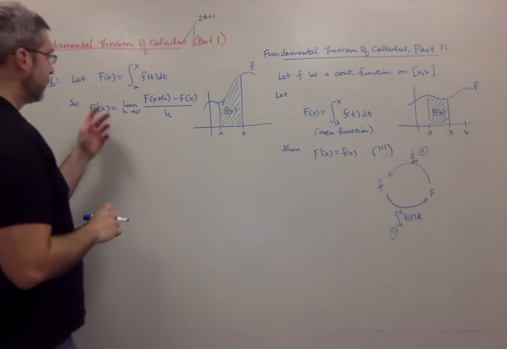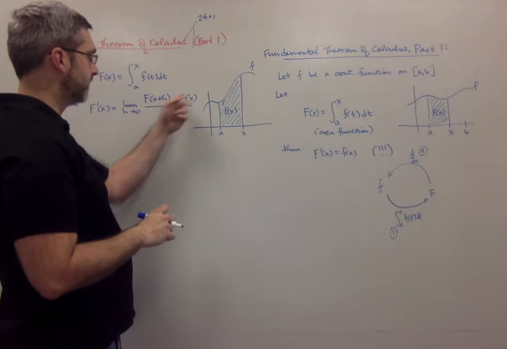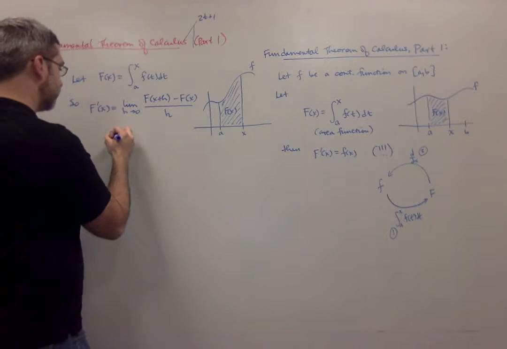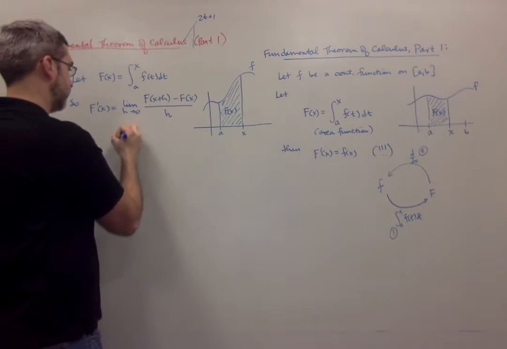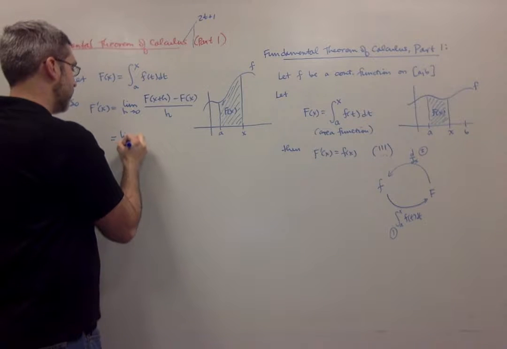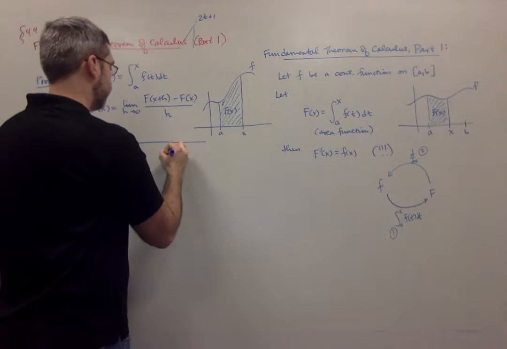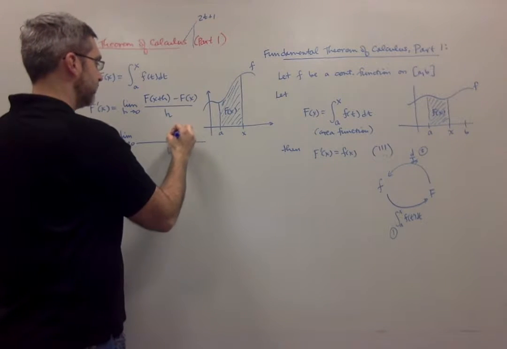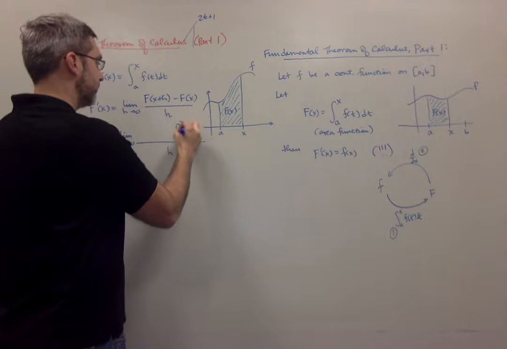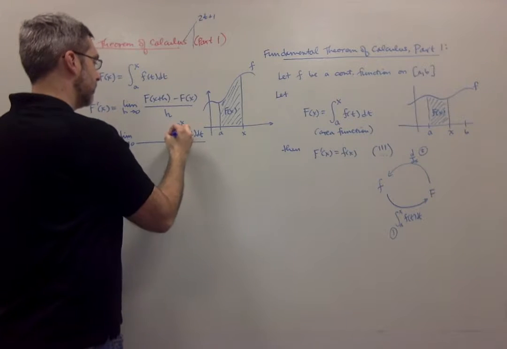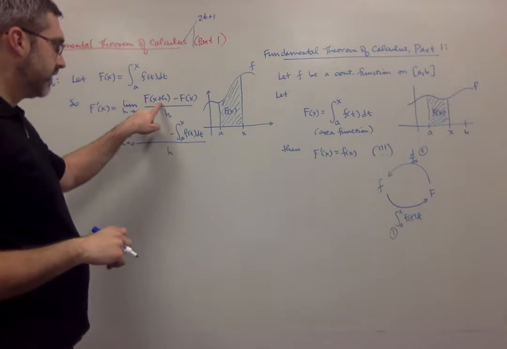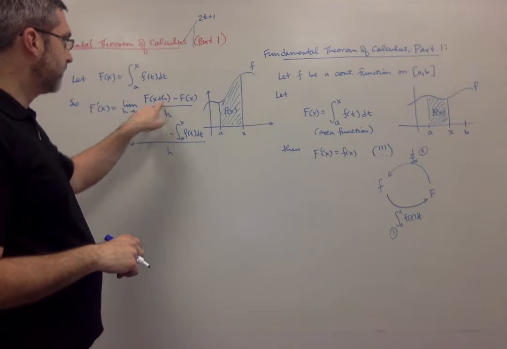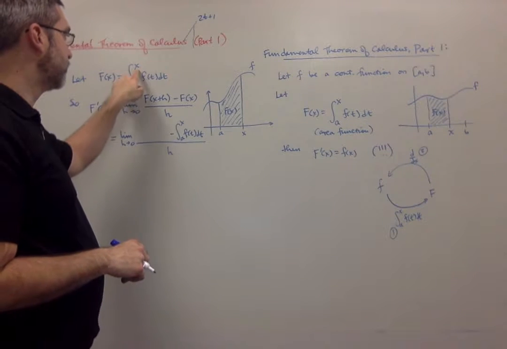Okay, so my limit definition says f of x plus h minus f of x, and then it's all over h. So let's actually fill in what this means. So F of x, this part right here, means the area from a to x under the function. So F of 2 would mean the area from a to 2.